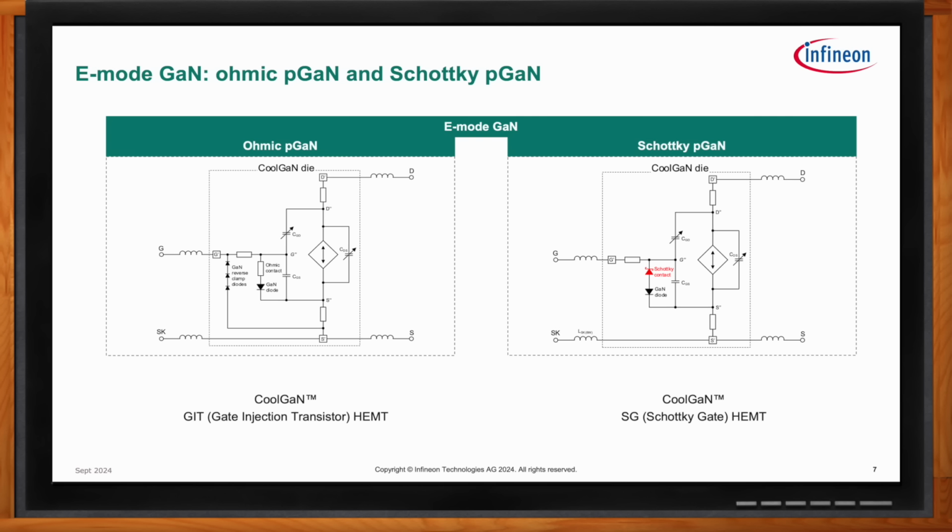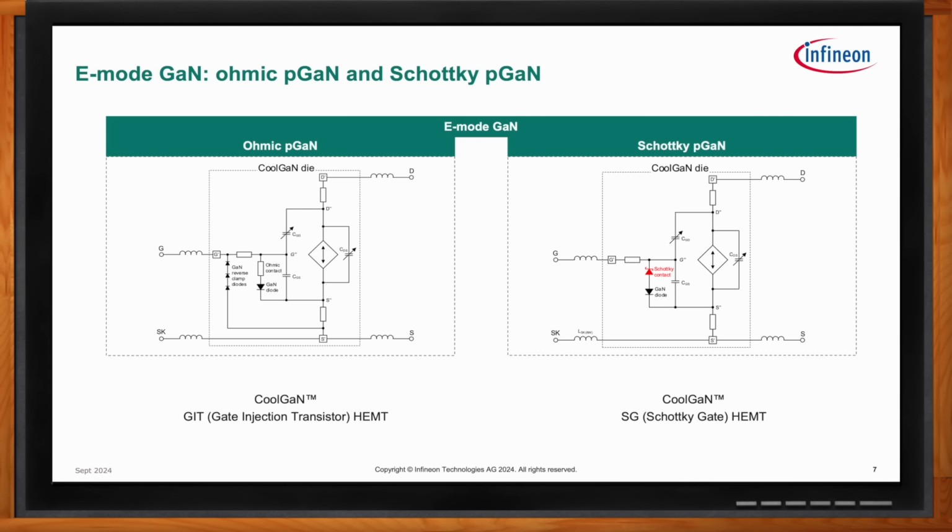And the series resistor and the diode from the gate to the source represent the PN P-GaN structure. Forward biasing of this diode allows the device to turn on and remain on. That is why this structure is also given the designation GIT, or gate injection transistor. And finally, the reverse stacked GaN diodes are there to protect the gate from negative spikes.